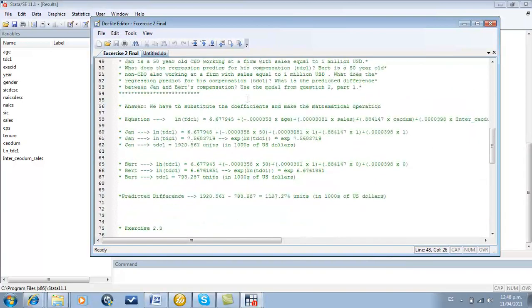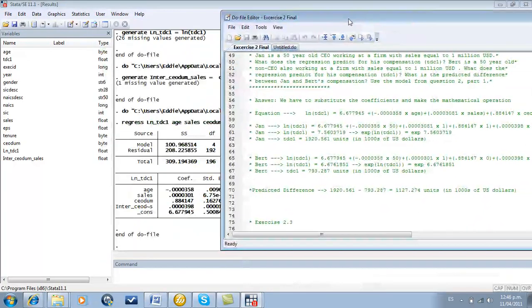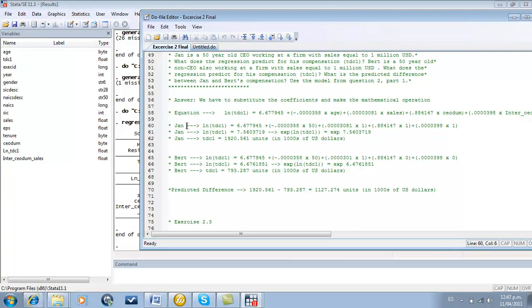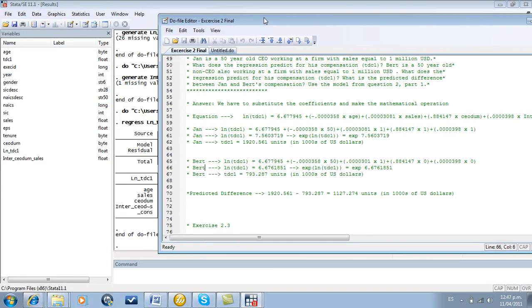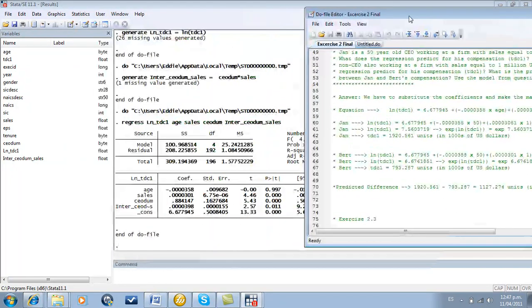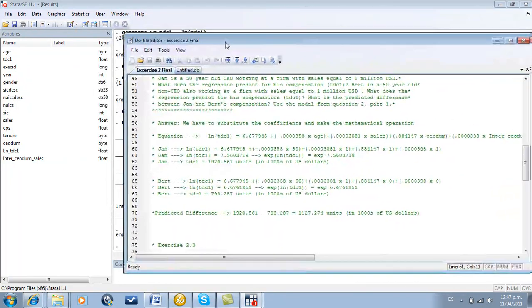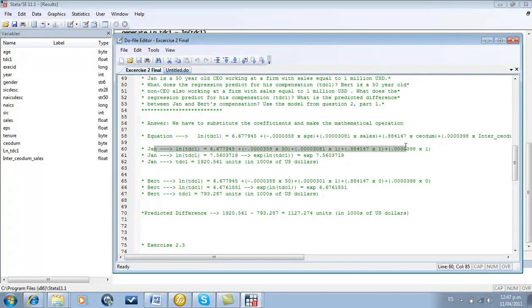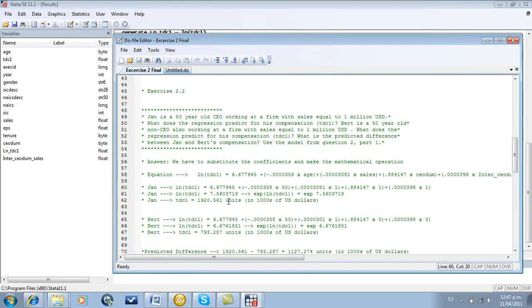Okay, perfect. So we have to use these coefficients and substitute the information of Jan and Bert, and then get the difference. So, well, this is just using our calculators and making these operations. Jan, well, the dummy variables over here.